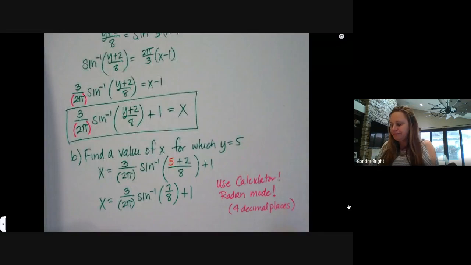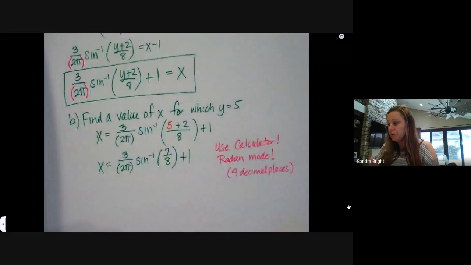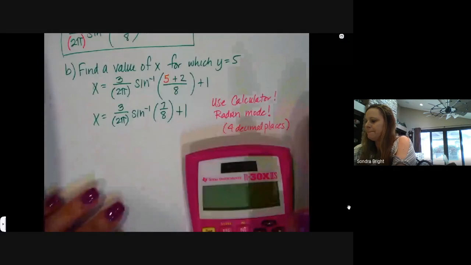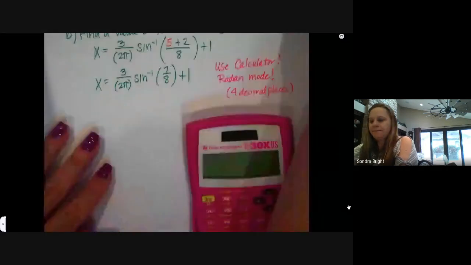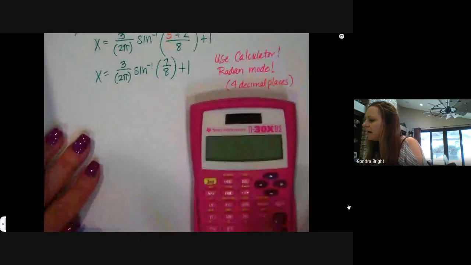Okay, so you can put this entire thing into your calculator all at once. Here we go. Turn it on. What mode am I in? I see red, so I'm in radian mode.